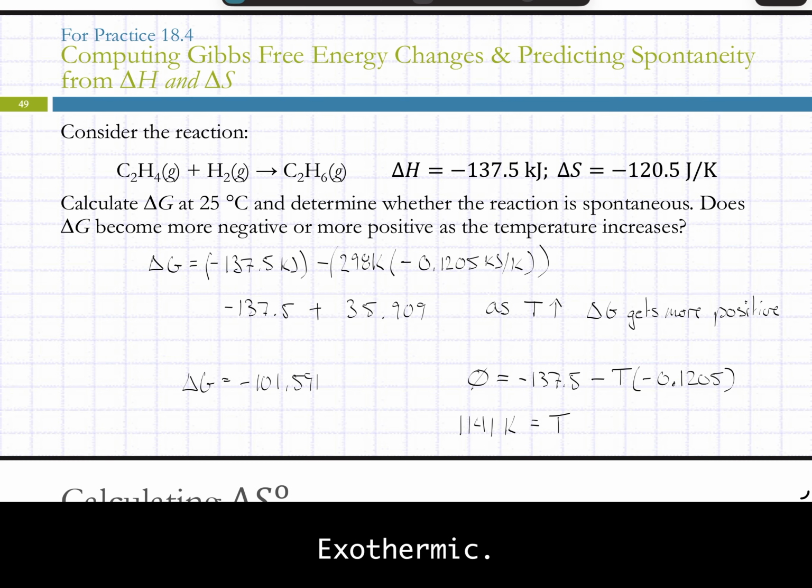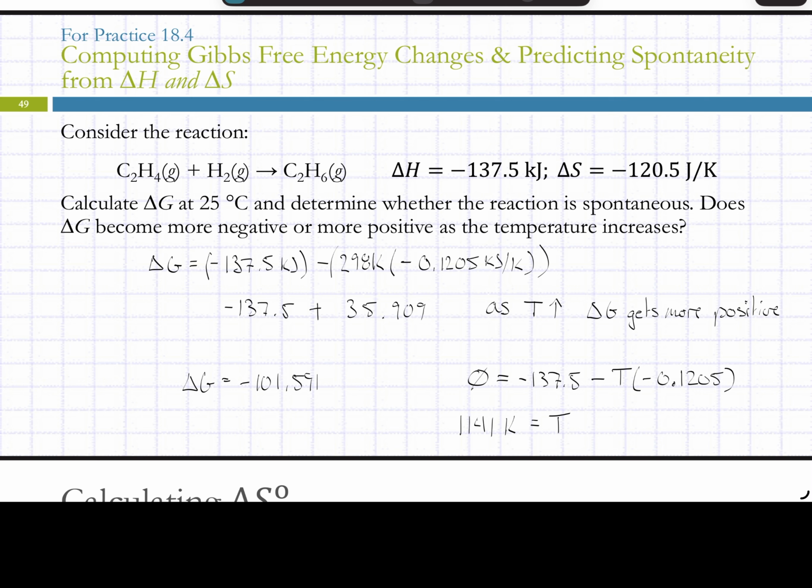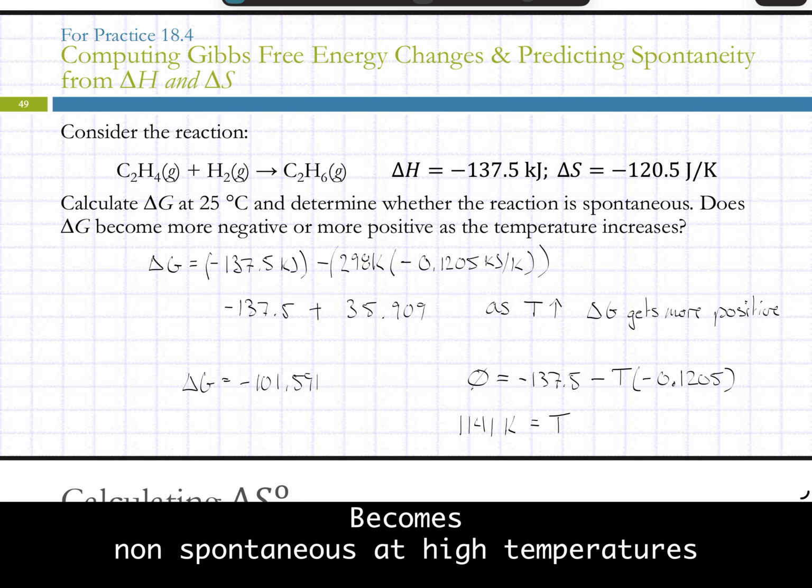It's exothermic, and most exothermic reactions are spontaneous. But wait, actually, they're both negative. This does become non-spontaneous. It becomes non-spontaneous at high temperatures.